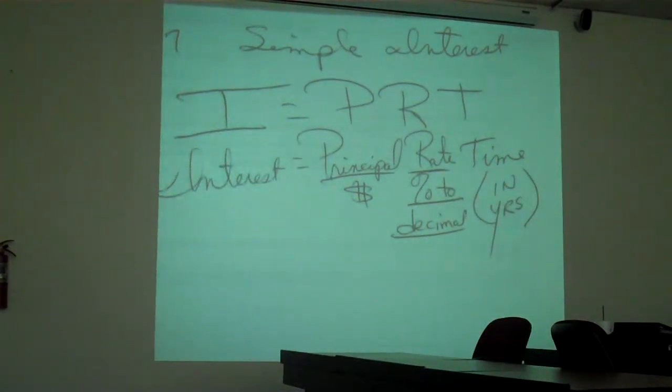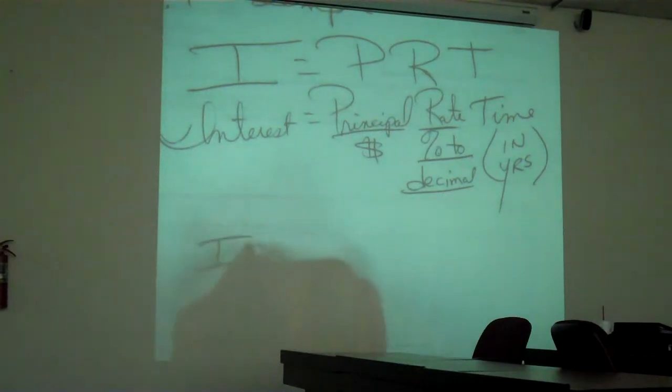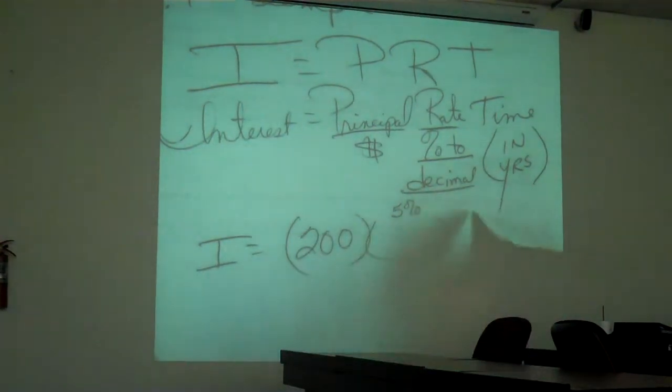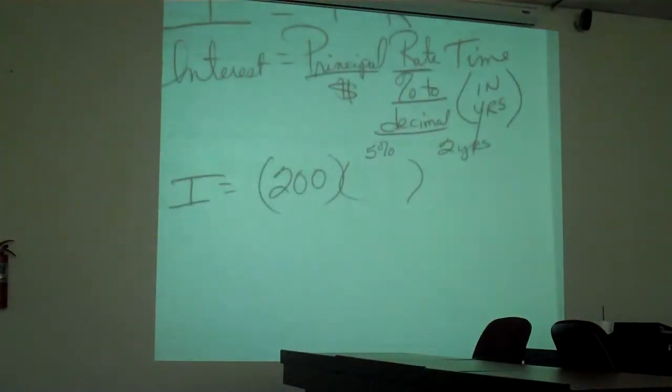Okay? So let's figure just a real simple interest, okay? Let's do, what is your interest on $200 at 5%? I wrote it up there because we're going to have to rewrite it as a decimal. For 2 years. How can you change a percent into a decimal?